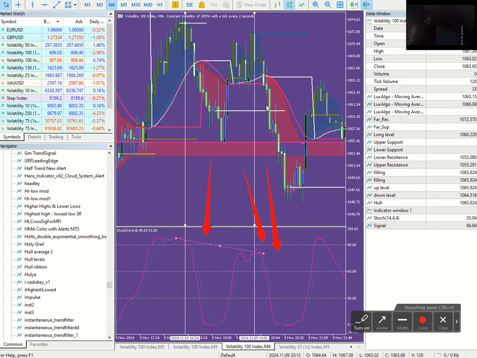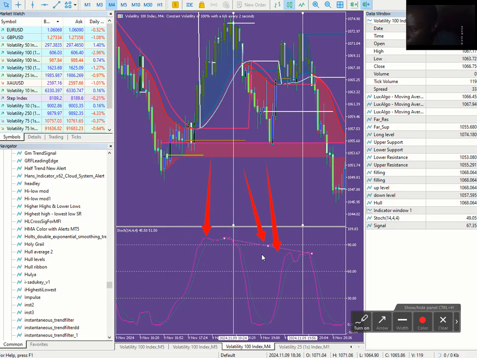Now there is something that is happening. This one is turning and there's some rejection, as you can see there. This one is showing some resistance, and at this point this resistance is lower than this resistance here.